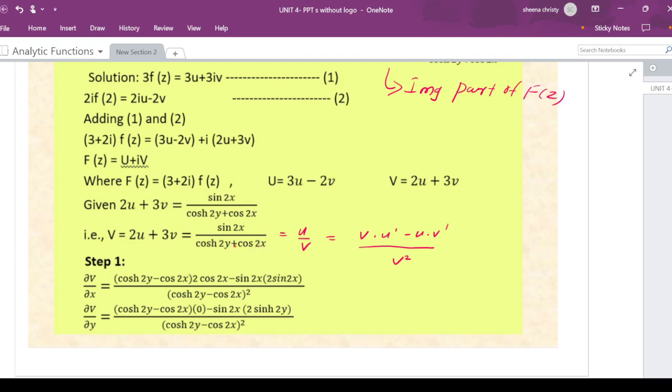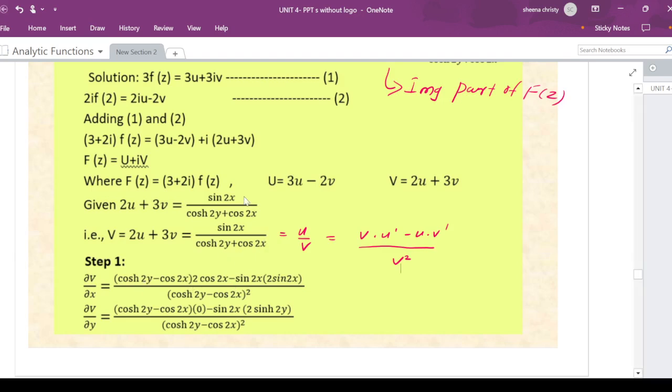Therefore, 2 sin 2x, divided by v squared.